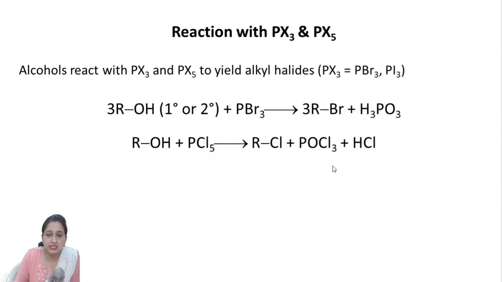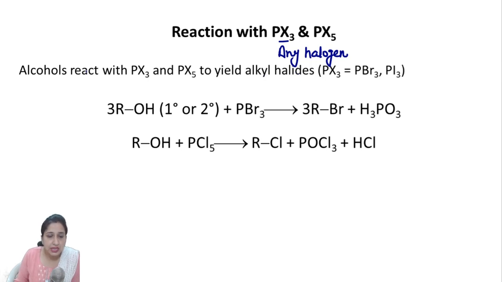Next reaction is reaction of alcohol with PX3 or PX5. Here X may be any halogen. Alcohols react with phosphorus trihalides and phosphorus pentahalides to yield alkyl halides, or you can say haloalkanes.